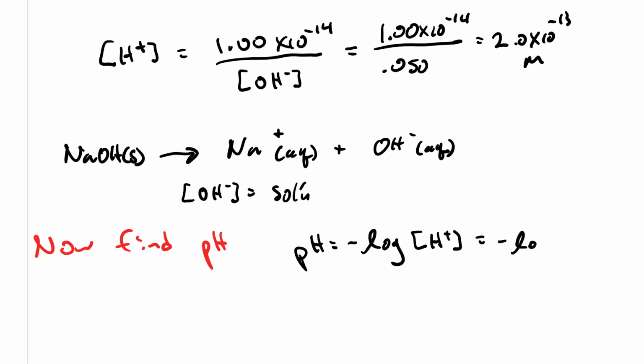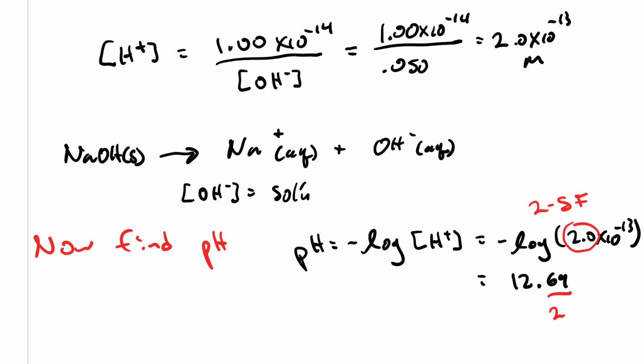So that's negative log of 2.0 times 10 to the negative 13, which gives us 12.69. We have 2 sig figs in our concentration, which means we have 2 digits to the right of the decimal in our pH.